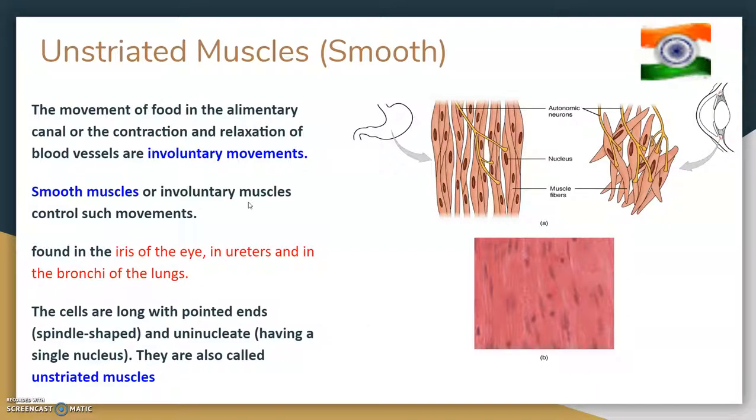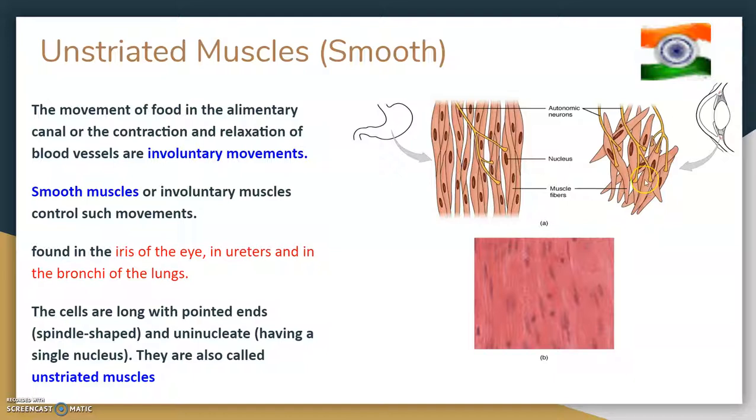They are also found in the iris of the eye, in the uterus, and in the bronchi of the lungs. These cells are long and elongated with pointed ends, as you can see here, and their shape is spindle shaped.